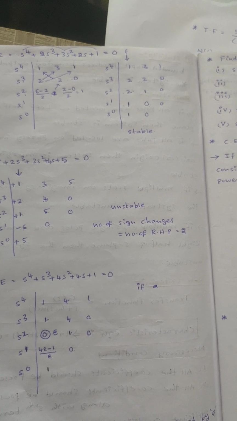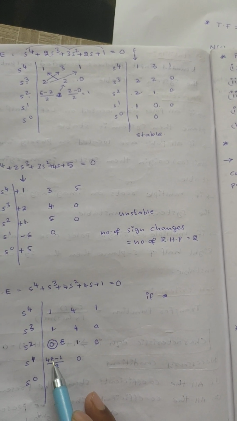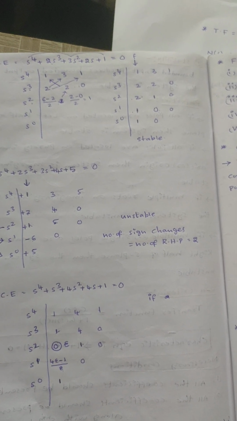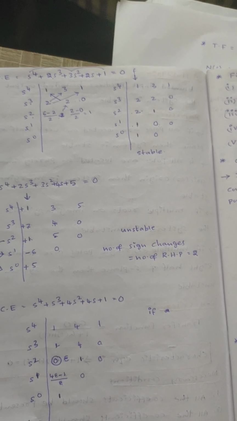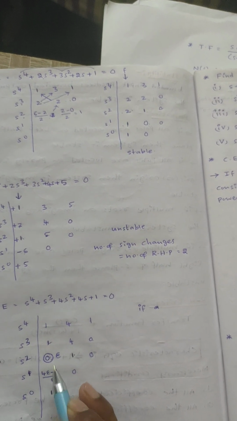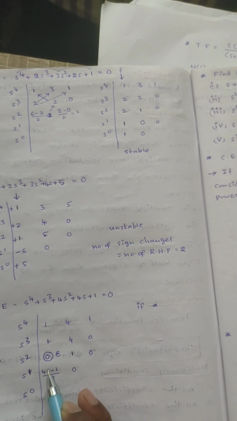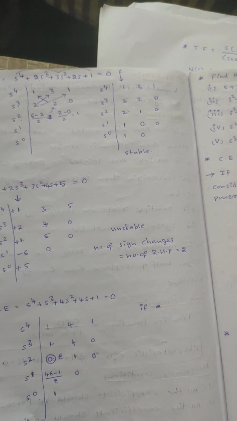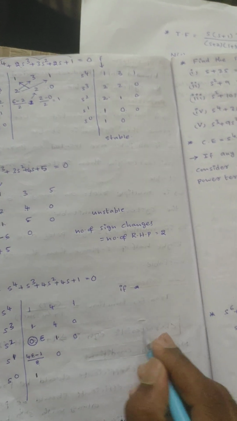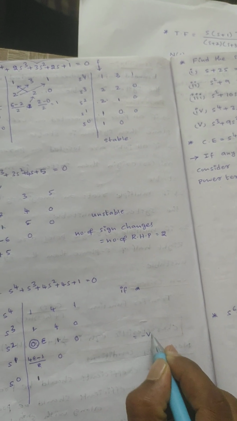Now see here, in this term, substitute epsilon as a very small value. Here our assumption is 0. Actually here you are getting 0. To get some value, I am assuming a very small value, 0.04. That is 4 into 0.04, a very small value, which means this value will be negative.